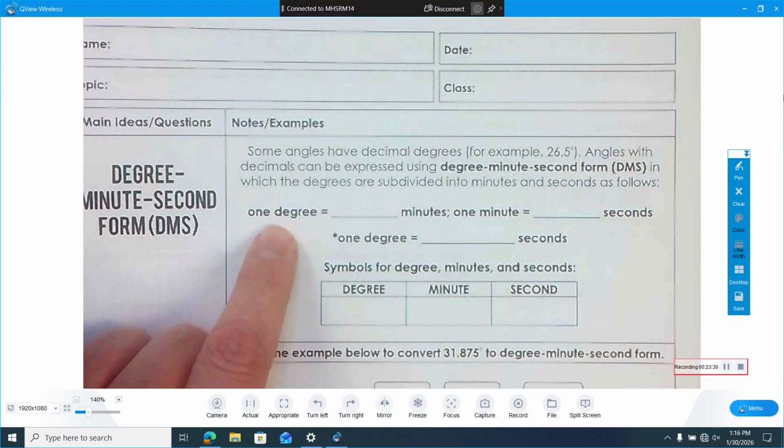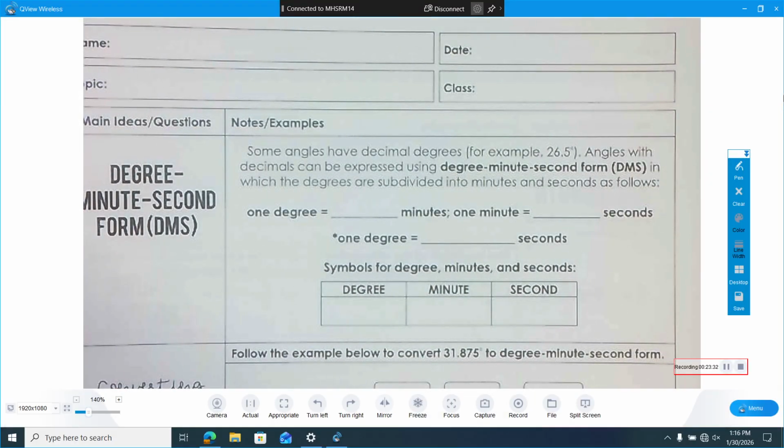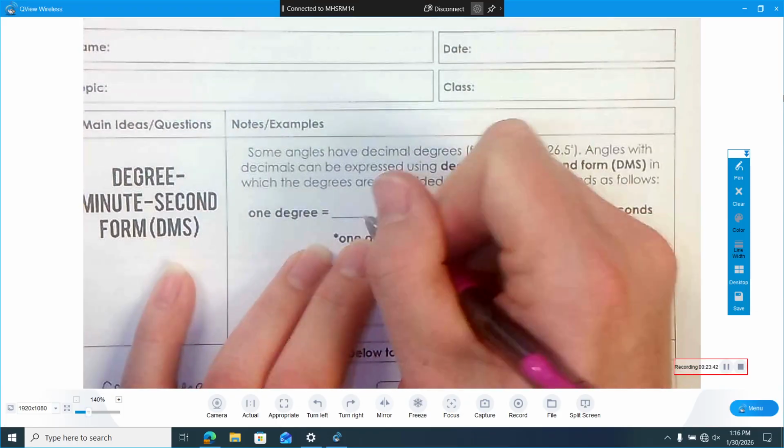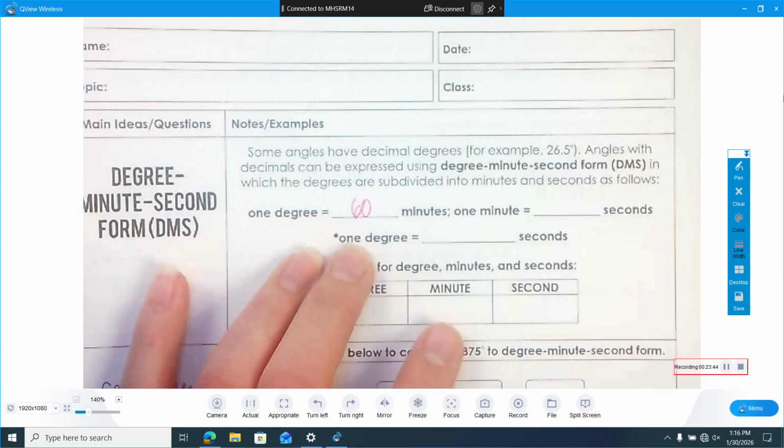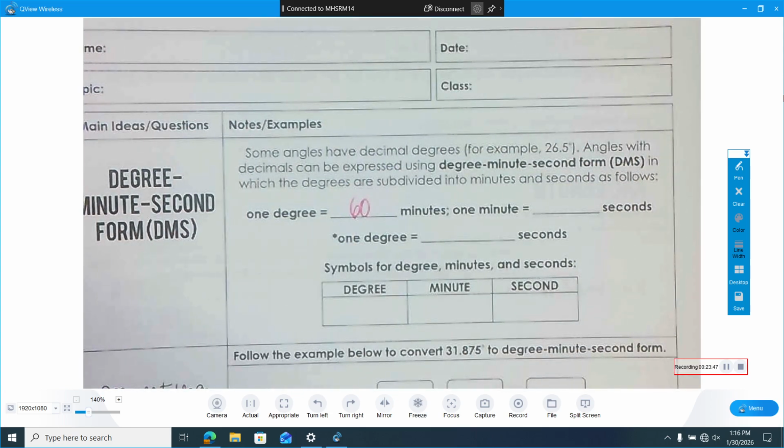So they're going to take 1 degree and subdivide it into how many pieces? 60. We're using minutes and seconds, so that's a big clue that we're using 60s. So 1 degree is equal to 60 minutes. Imagine I've got 1 little bitty degree, and I subdivide it into 60 minutes.